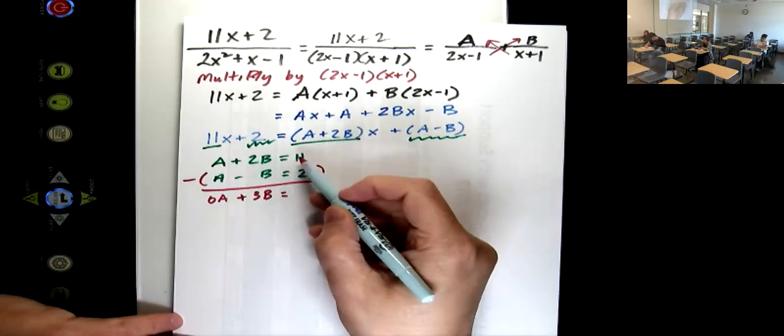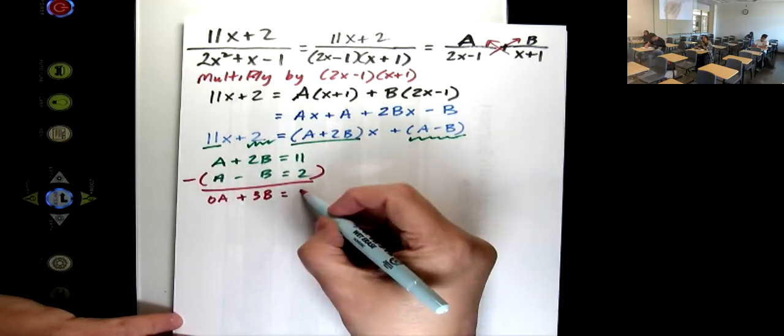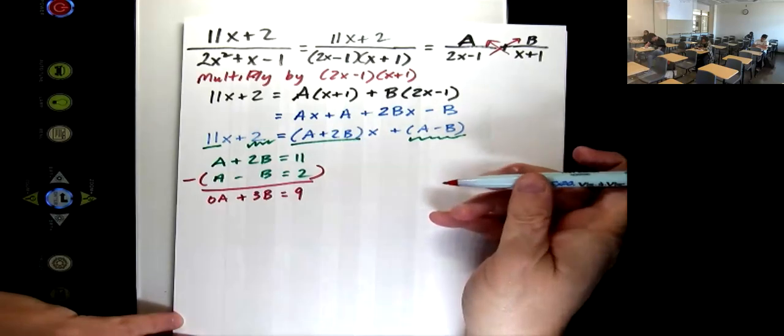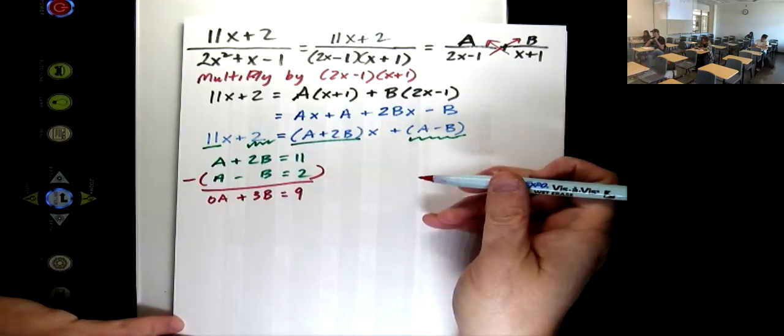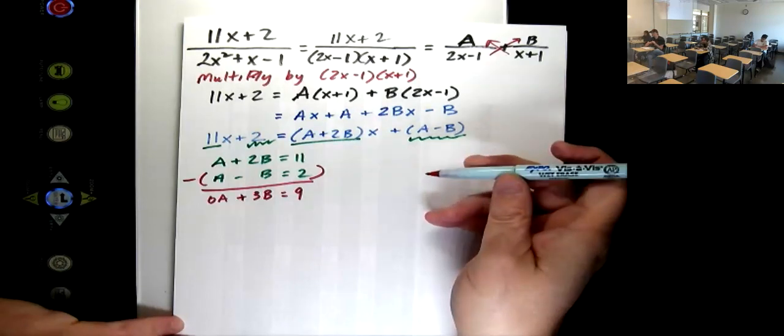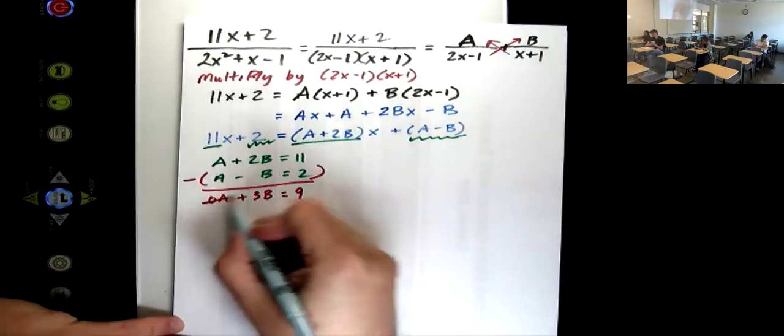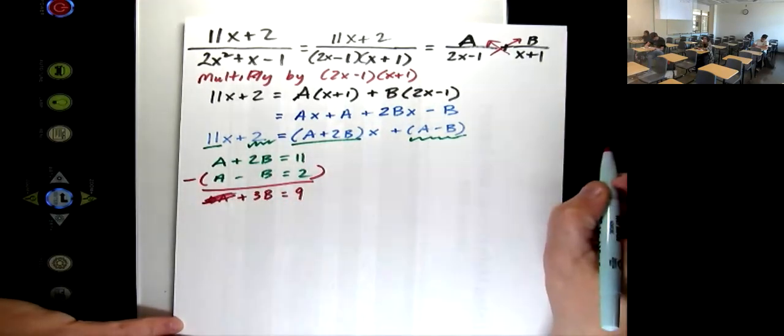And 11 minus 2 is 9. That's effectively me multiplying through by a negative so that I can add them together. We don't need the 0a. I just showed it to make sure everyone was on the same page.